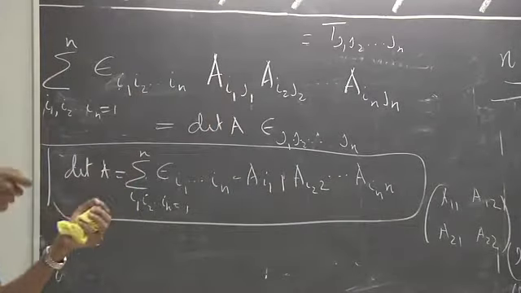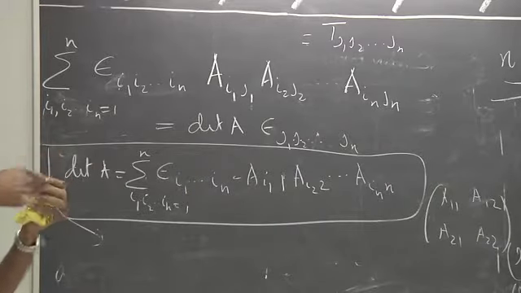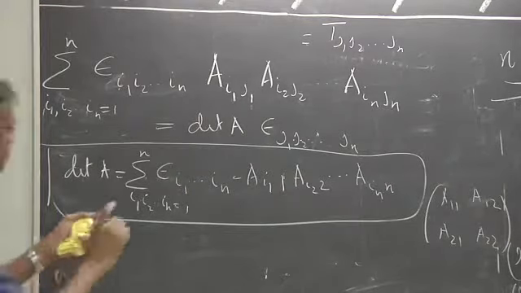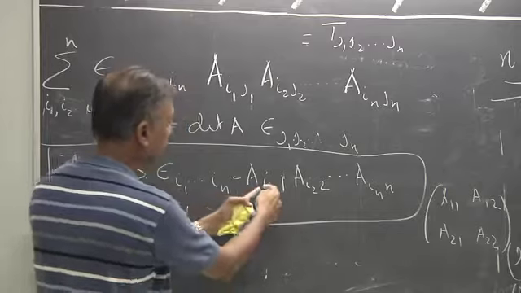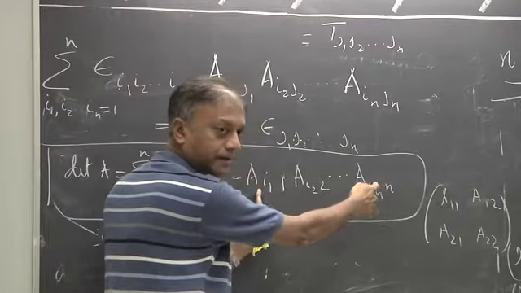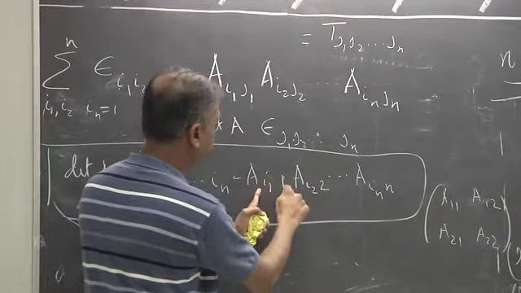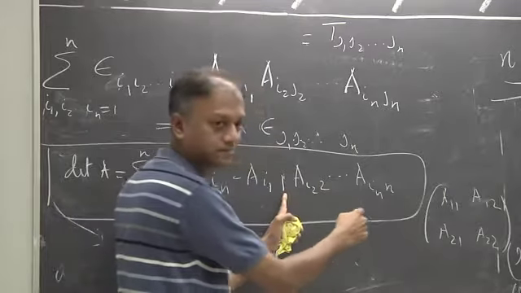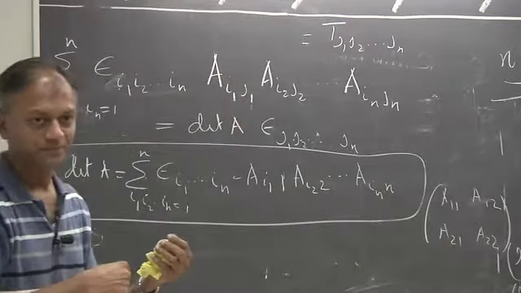So that is one way of opening it up. But if you do it the other way around, if you keep the row indices fixed and contract epsilon indices with the column, that will be opening the other way.